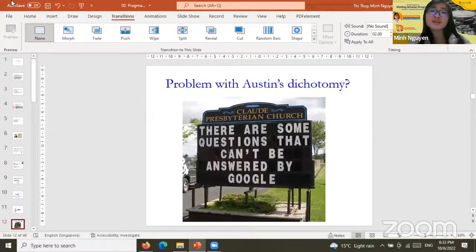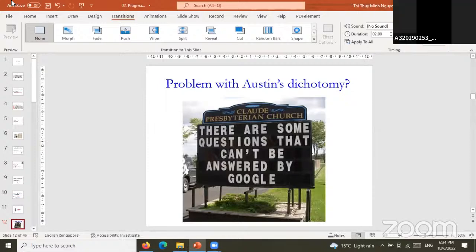If you look at this example, an image that I downloaded from Google, think about its function. What is the function of this sentence? What is the speaker meaning here? What is the intended meaning or pragmatic meaning of this utterance? Anyone?